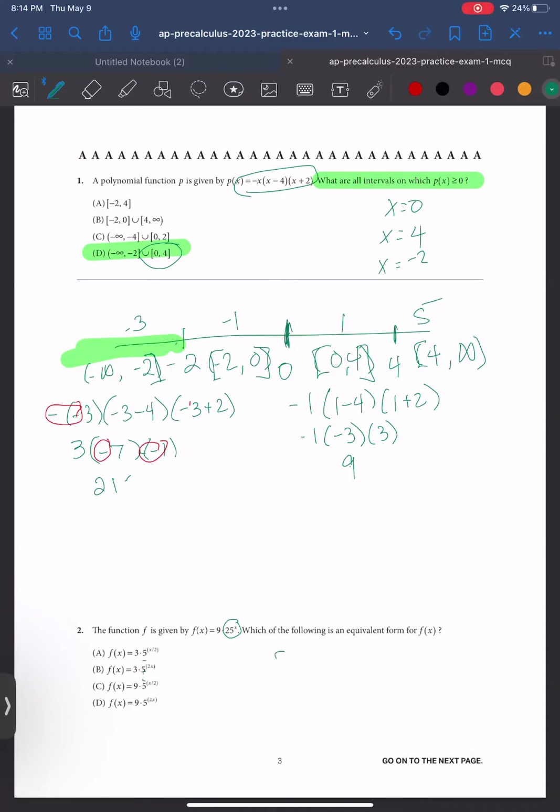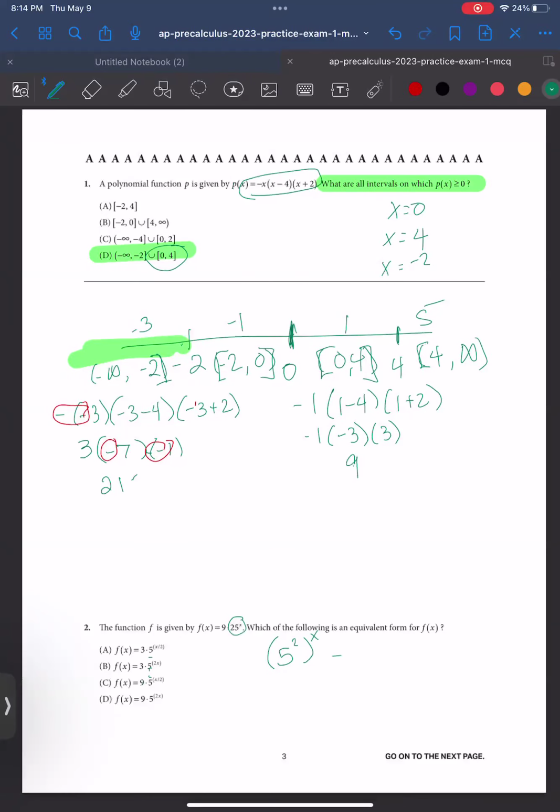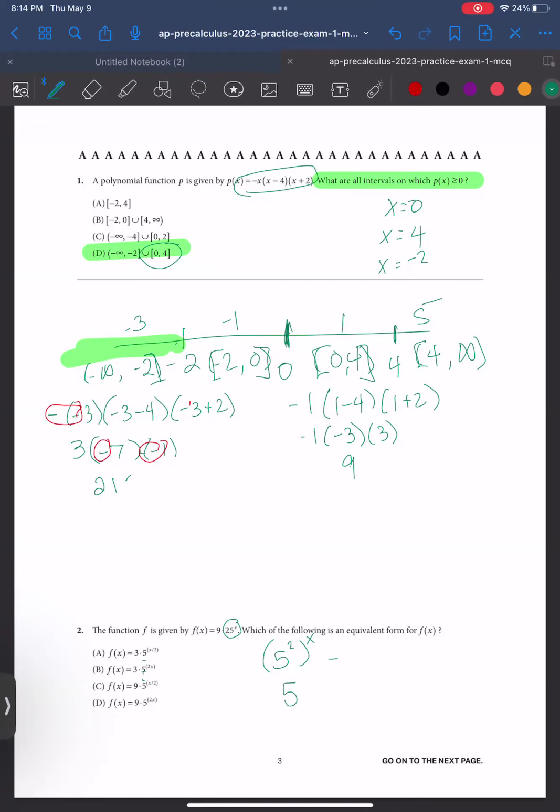So what 5 equals 25? 5 squared. But now I can't forget about that x, right? So I have a power to a power. When I have a power to a power, I do what? Multiply, right? Yes, multiply. So I have 5 to the 2x.